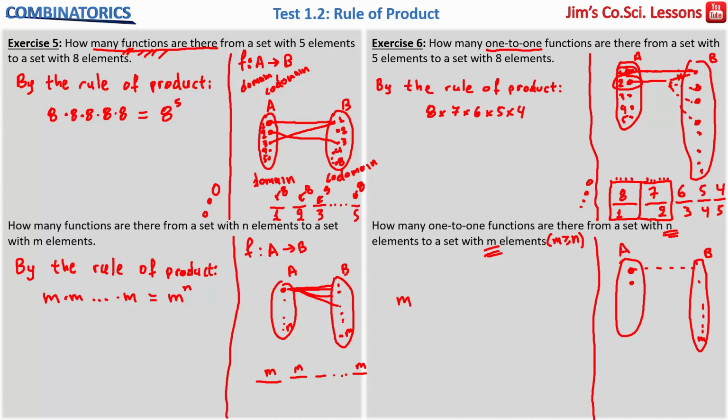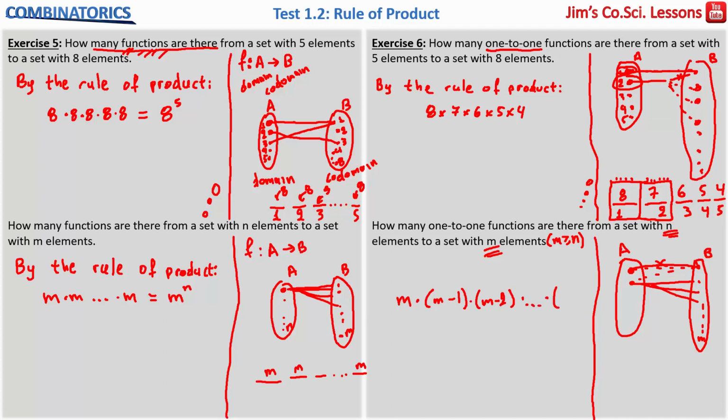If I pick the second element of A, there are m minus 1 options, because A has already picked one of them. So I can't associate the second element with this. I can associate it with any other except the element that was picked by the first element of set A. So the next one is m minus 1, the next is m minus 2, etc. Up to what?